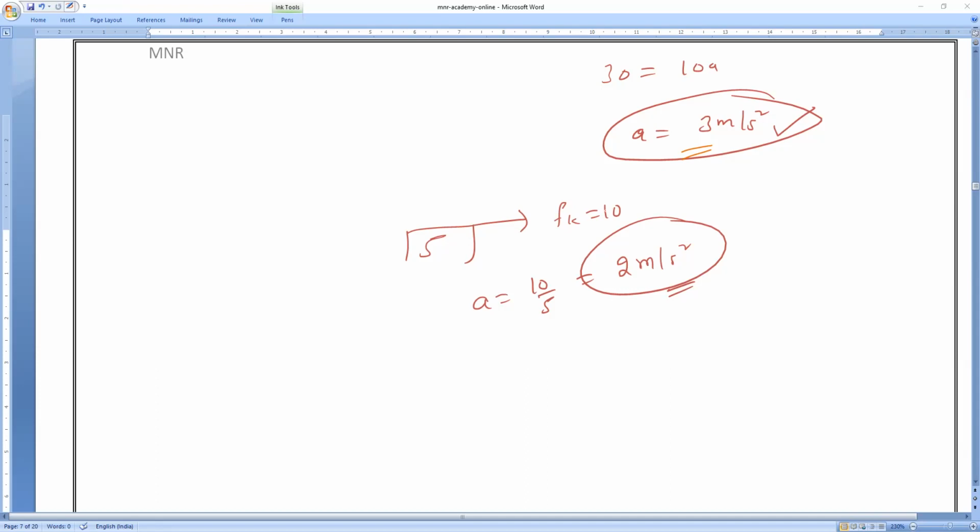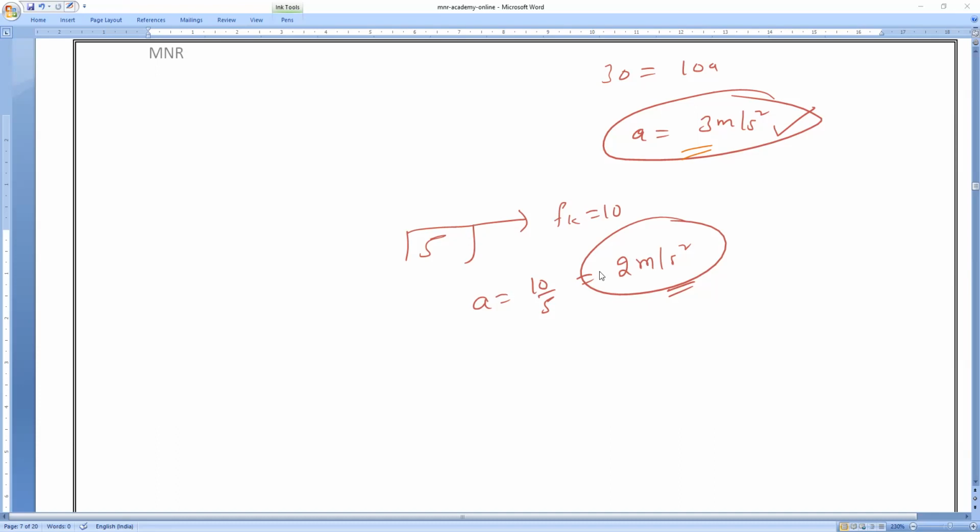So the acceleration, how much did you get? 2 meter per second square. So the first body moves at 3 meter per second square and the second body will move at 2 meter per second square, because they are not moving together.